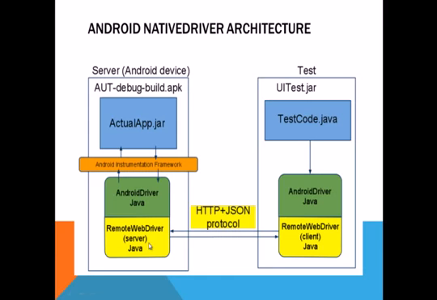So these two communicate with each other by HTTP or JSON protocol, and when it receives something from the remote web driver client on the server, it communicates with the actual application.jar, and for this we pass through one framework to make the connection more controlled and efficient.